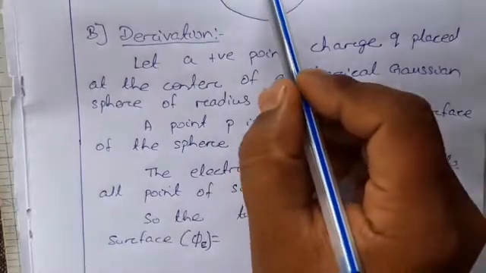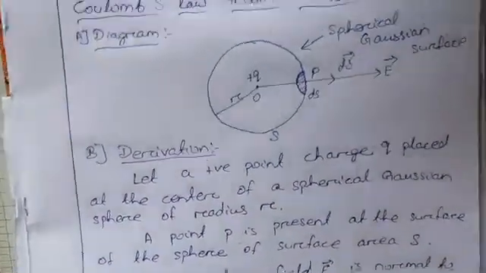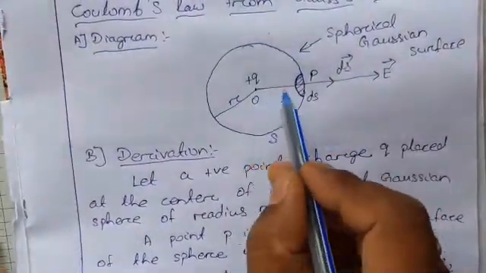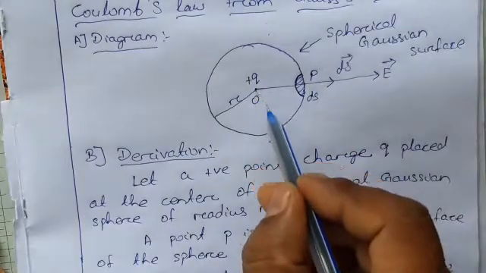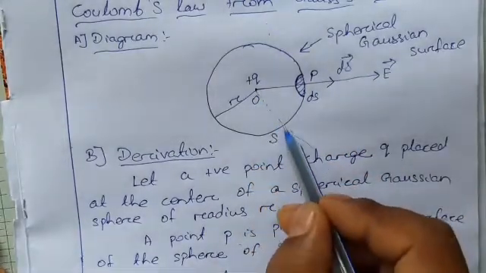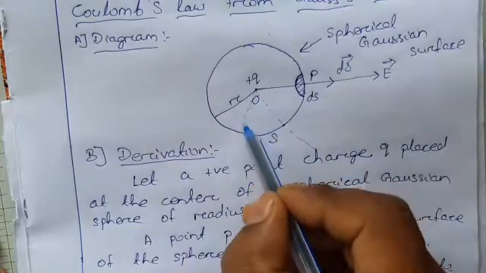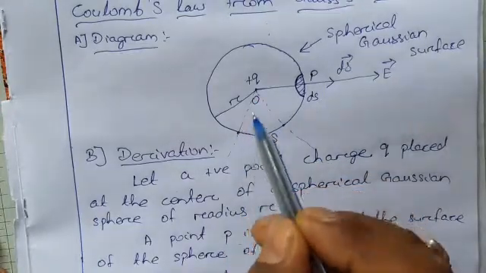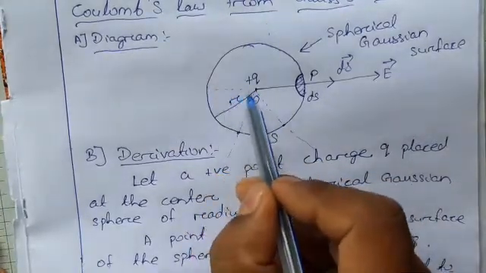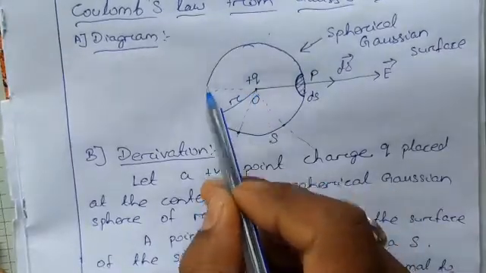See, the electric field due to plus Q charge is normal here. If I draw the electric field like this, it is normal to this point, and likewise at every other point.